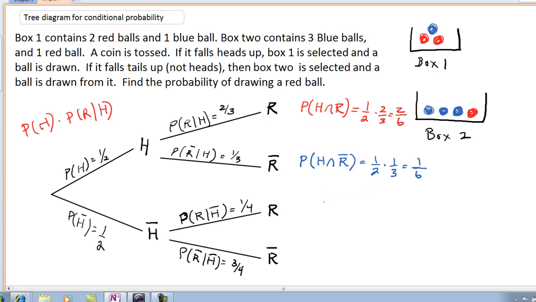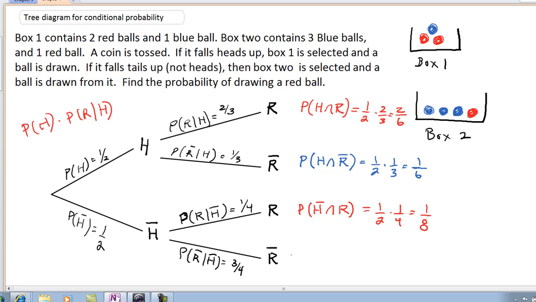Okay. Next one. Let's go back to the red because this is another outcome that would be red. Probability of tails and red is going to be 1/2 times 1/4, which equals 1/8. And then the last one here.